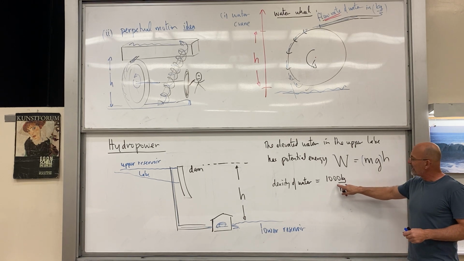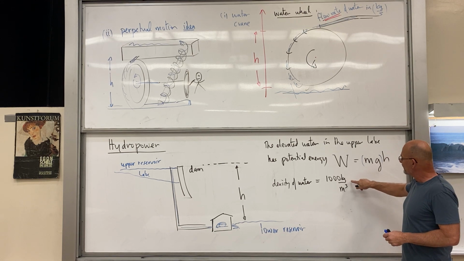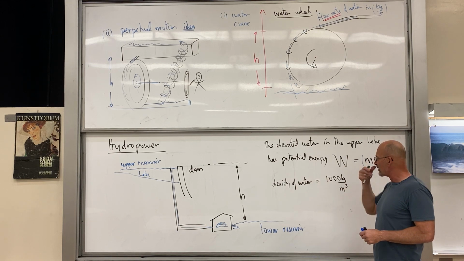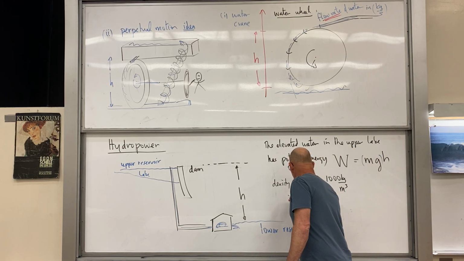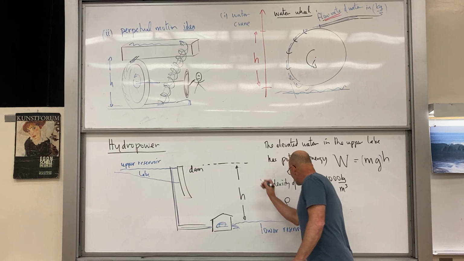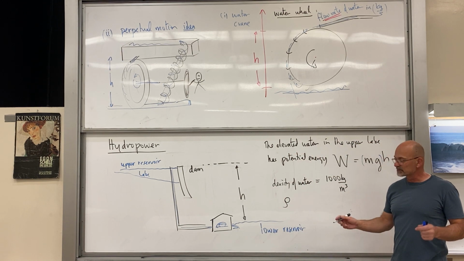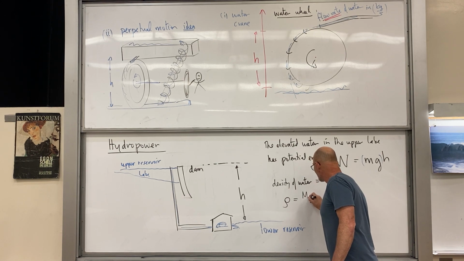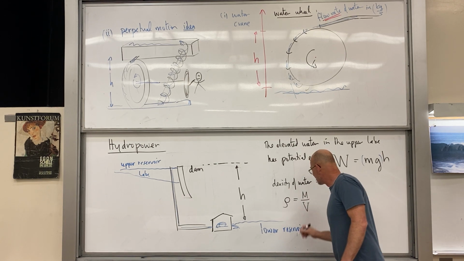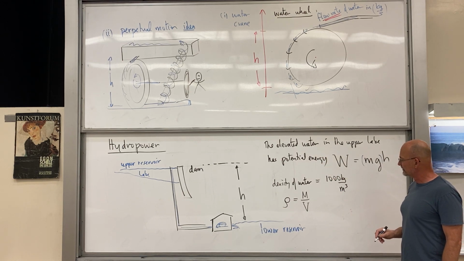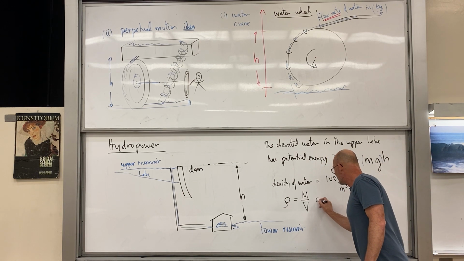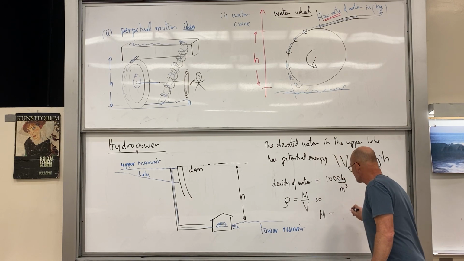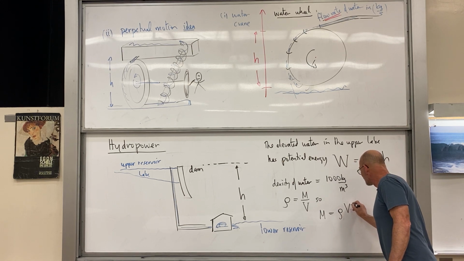So that way you can see how you get the mass. To get the mass of water, you multiply the density times the volume. So this Greek letter, remember we printed out our Greek letters for a reason. So the Greek letter rho is mass, I'll use capital M, per volume, capital V. So mass is equal to density times volume.